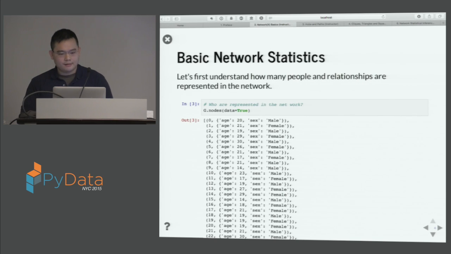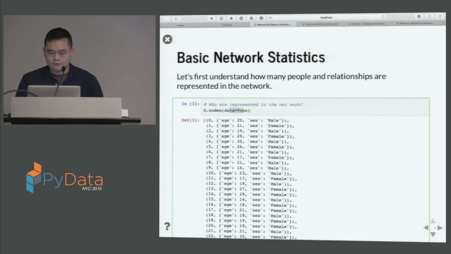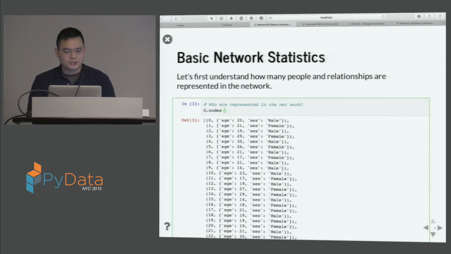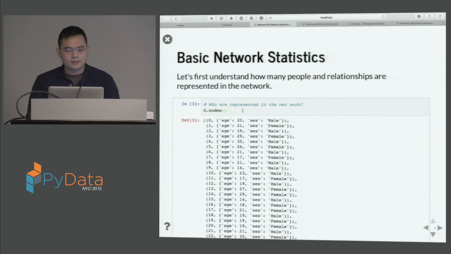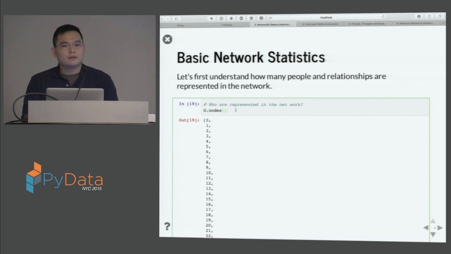So let's get started. Let's first understand how many people are present inside the network. The function call for getting the list of nodes that are present is g.nodes. If you could run this cell here, g.nodes, you will see that we've got 0, 1, 2, 3, 4, 5.